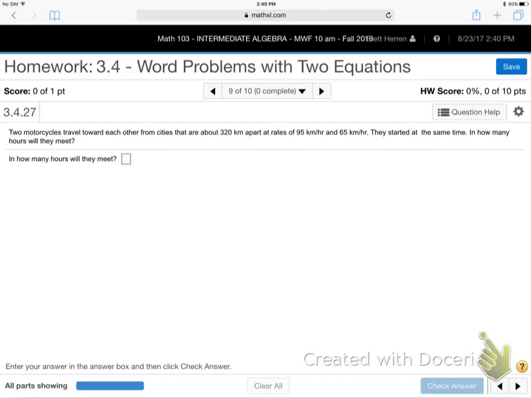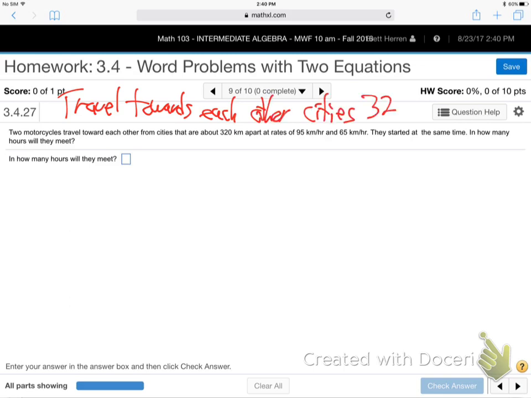All right, last kind, travel. Travel word problems. So we've got cars and trains and motorcycles and stuff. Two motorcycles travel toward each other from cities that are about 320 kilometers apart. So all you need to write is: travel towards each other, cities 320 kilometers apart.